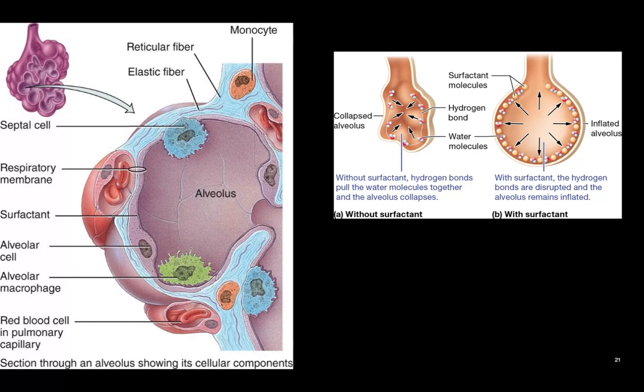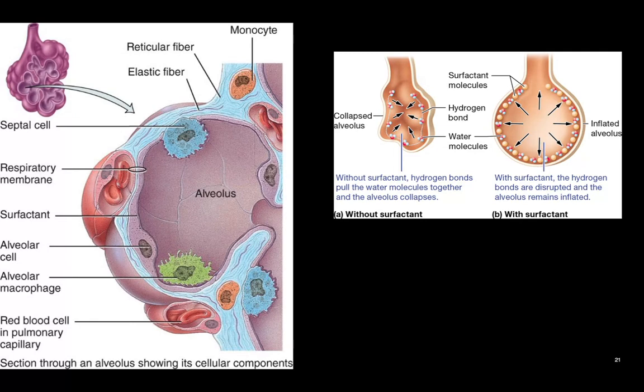Now, the really important thing about septal cells or type 2 alveolar cells is that they are going to secrete alveolar fluid. And within that fluid is something called surfactant. Surfactant is basically a mixture of phospholipids and lipoproteins and whatnot.